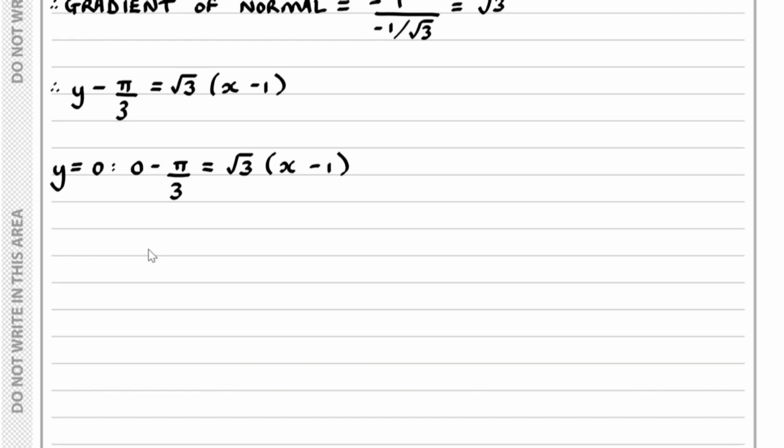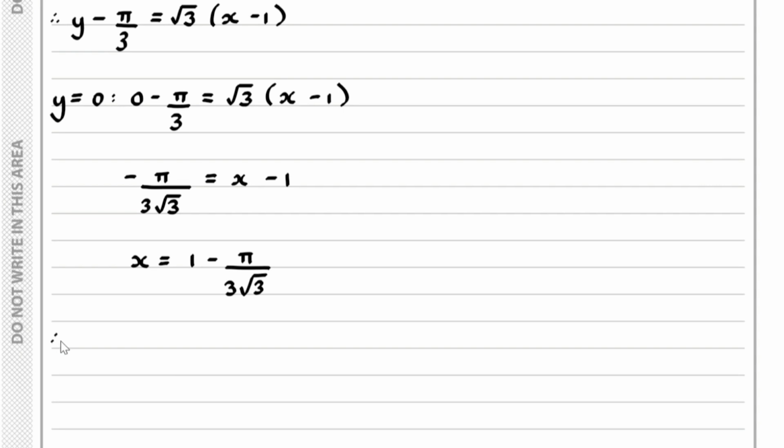So, minus pi over 3 root 3 equals x minus 1. So x is equal to 1 minus pi over 3 root 3, from which we can conclude A has coordinates: the x coordinate is 1 minus pi over 3 root 3, and the y coordinate is 0.